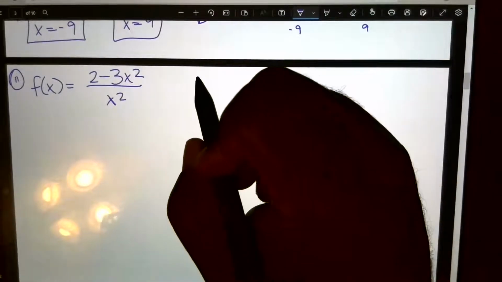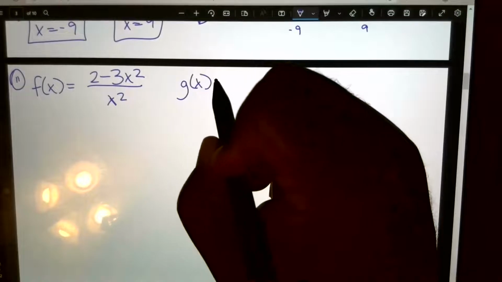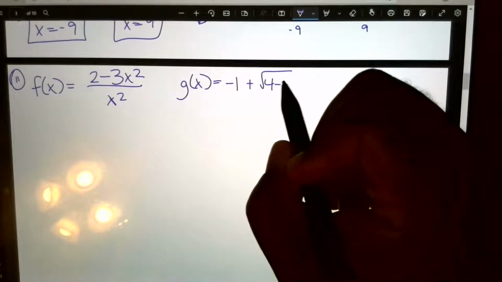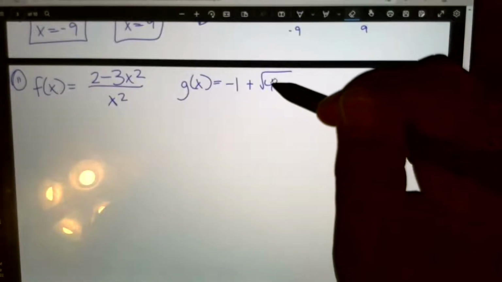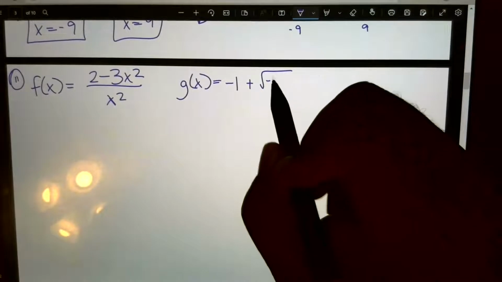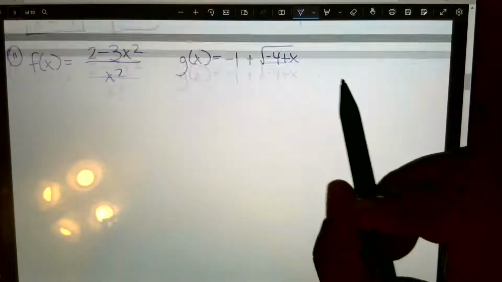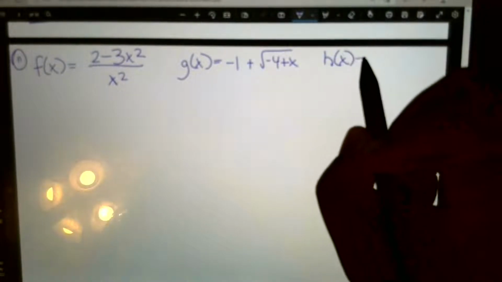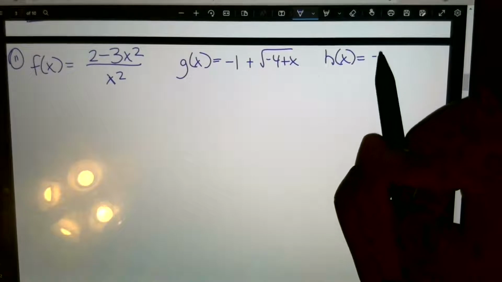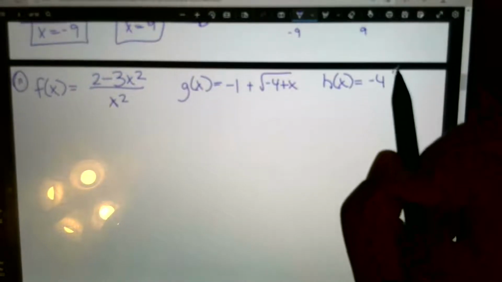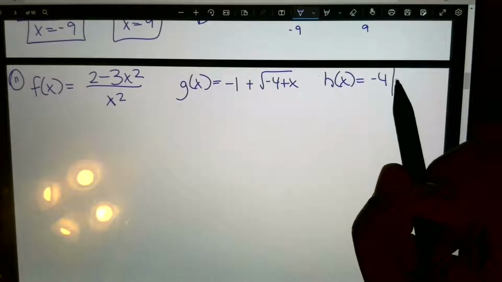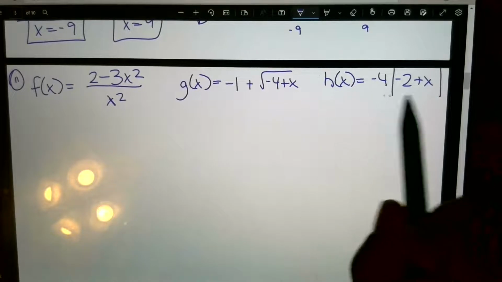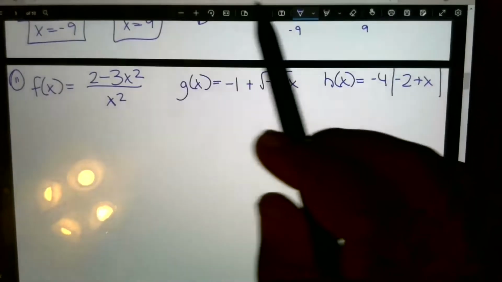G of x is equal to negative 1 plus square root of negative 4 plus x, and h of x is equal to negative 4 times the quantity of negative 2 plus x. These are absolute value bars.